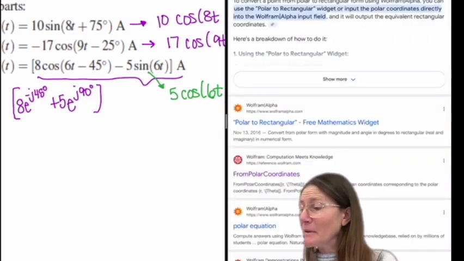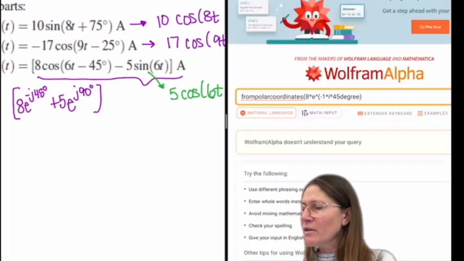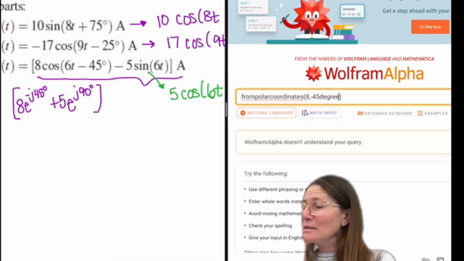Oh my, this is not working at all. From polar coordinates. And then you want to make sure you're in the right format of what it wants.